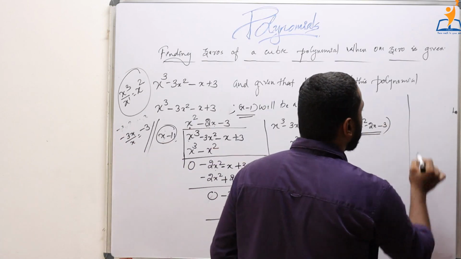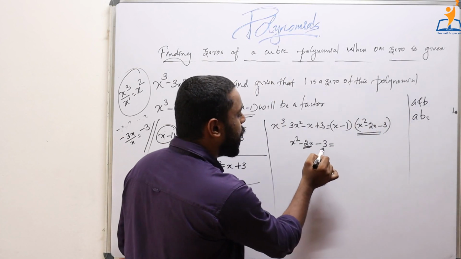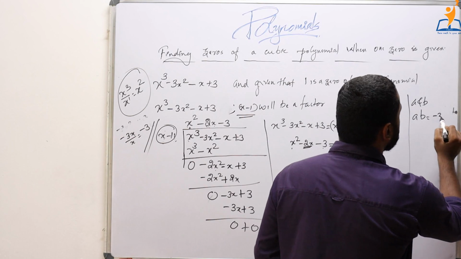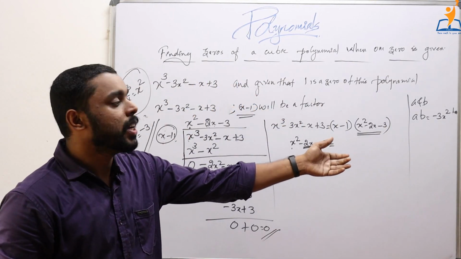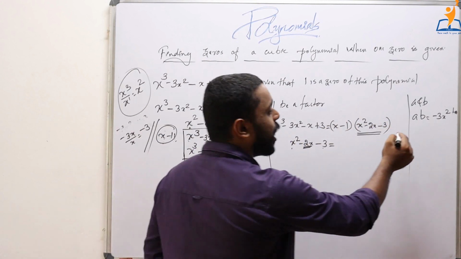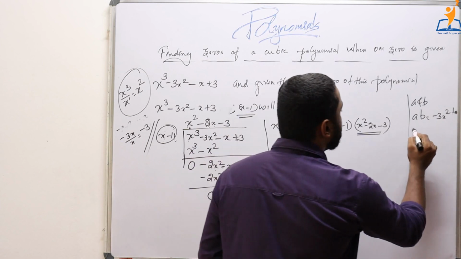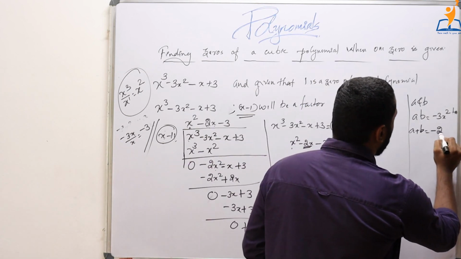That is, we have to find two numbers a and b such that ab is equal to minus 3 into x square equal to minus 3x square. If you don't know this process well, just watch the previous videos. We have explained it very well in the previous problems. Okay, now ab equal to minus 3x square and a plus b is equal to minus 2x.